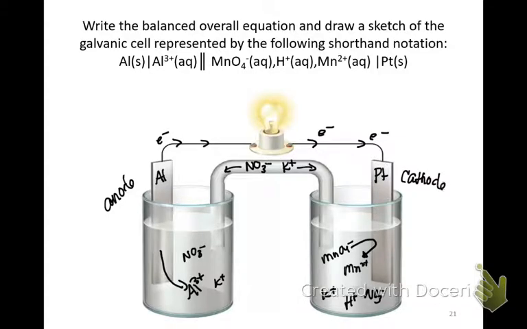We said in a galvanic cell that the cathode is the positive electrode and the anode is the negative electrode. Okay, so we have our two compartments, anode, cathode. We have our salt bridge. And we've represented what this shorthand would show us, remembering that this is the anode reaction, and here's the cathode reaction.